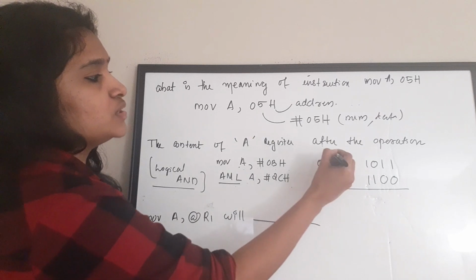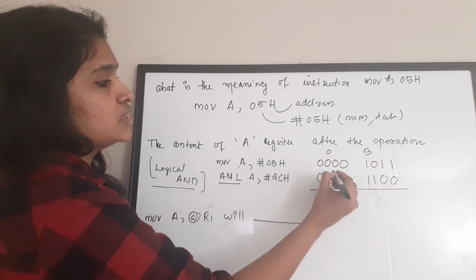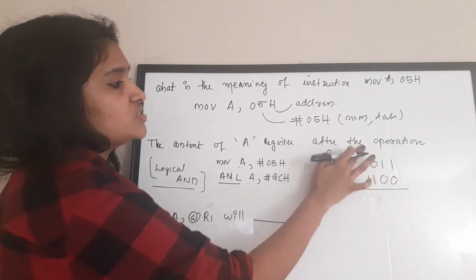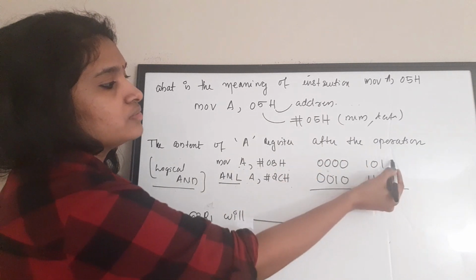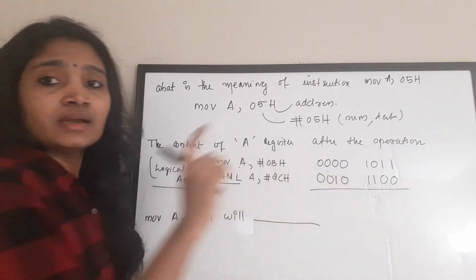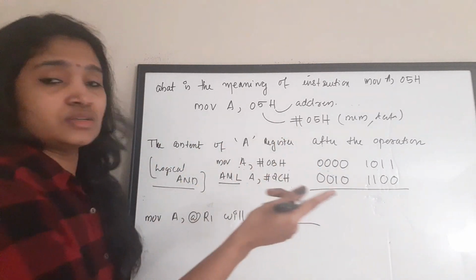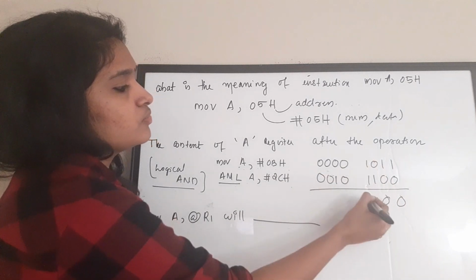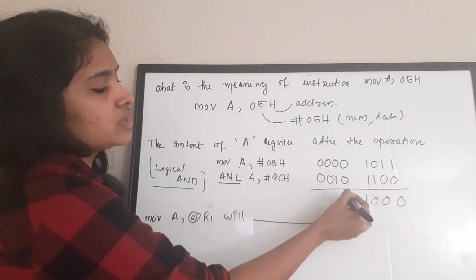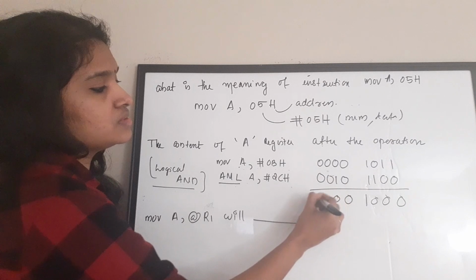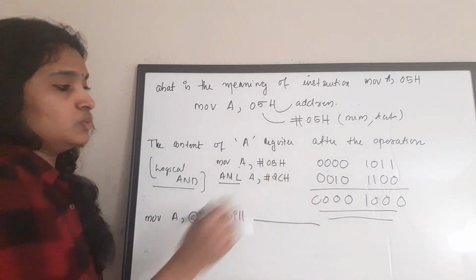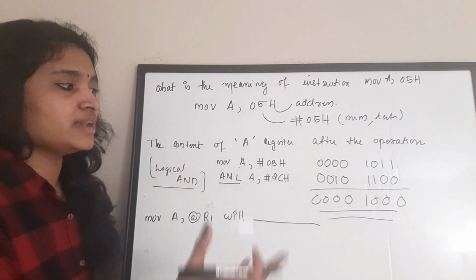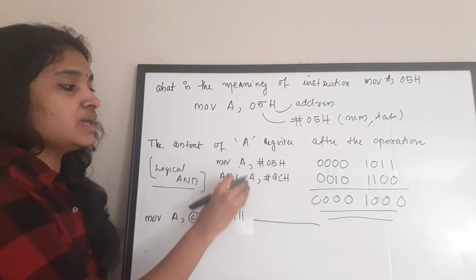This is 0B and this is 2C. What will be the value? 1 and 0, logical AND, result is 0. Again 1 and 0, 0. The result is 00001000. This will be the result of the logical AND operation, and this value is stored to the accumulator register.